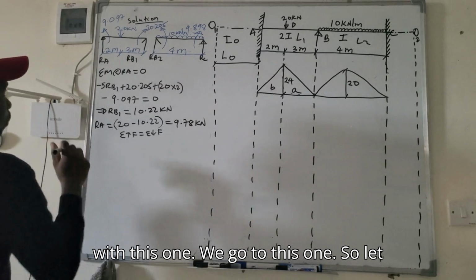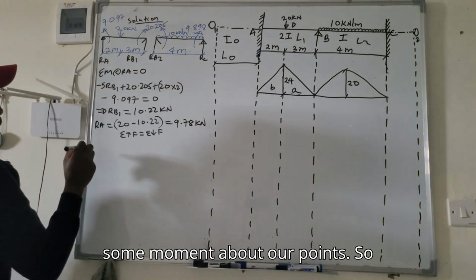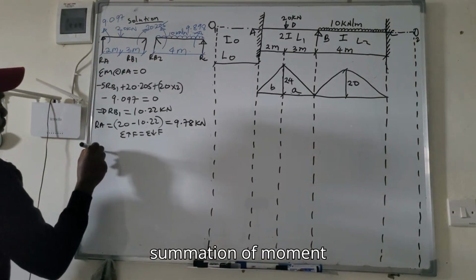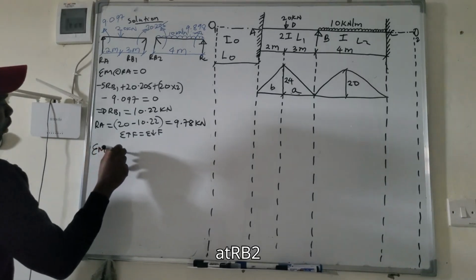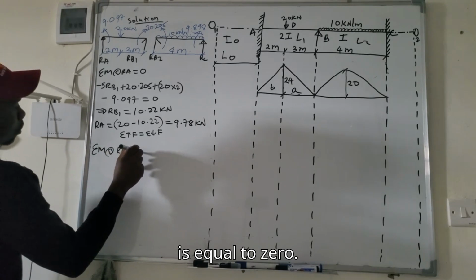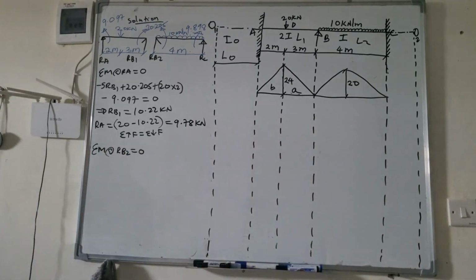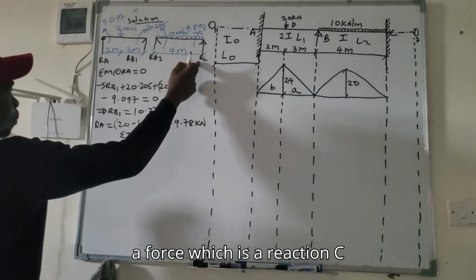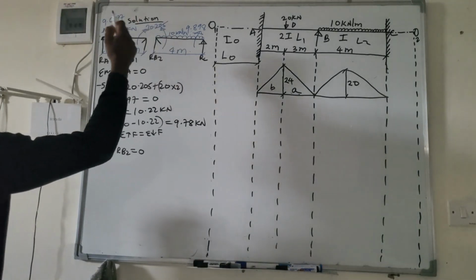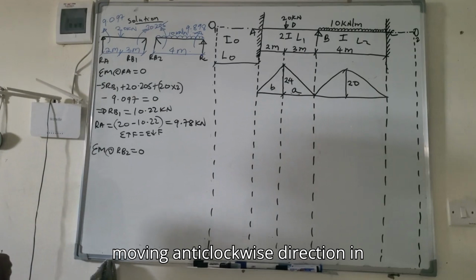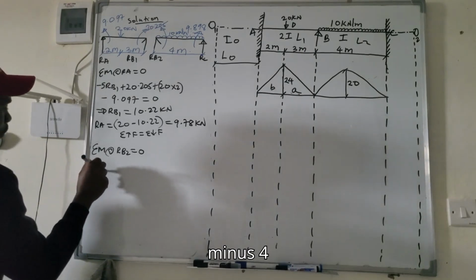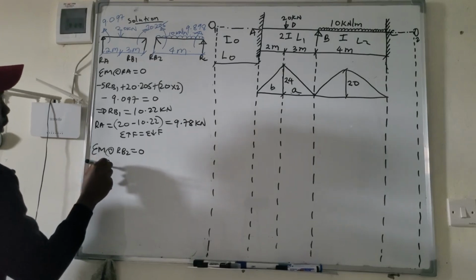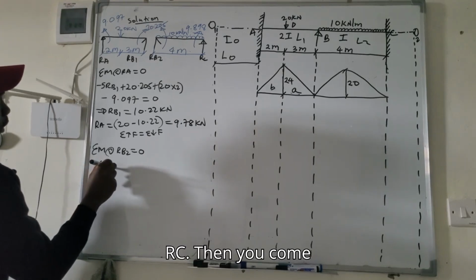We go to this one. So let's sum moment about a point. So summation of moment at RB2 is equal to 0. So we have a force, reaction C, moving anti-clockwise in reference to RB2. So that one will be minus 4 RC.